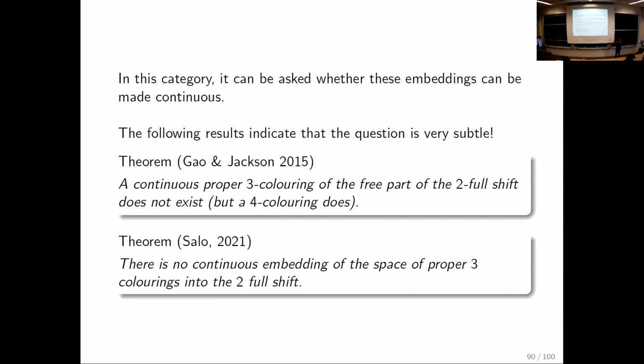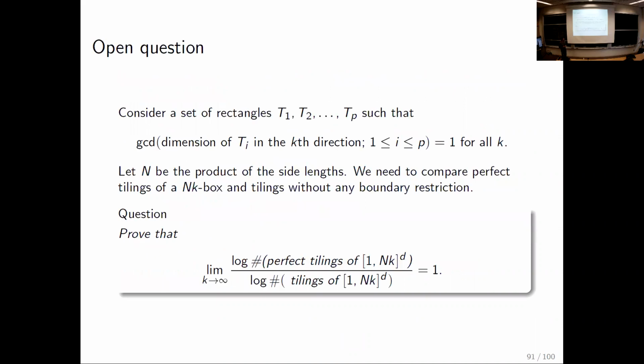For this, we need maps which are continuous up and down. It's a very interesting question, which we don't address. And this is the open question which I posed earlier. I will be very happy if somebody has an idea.